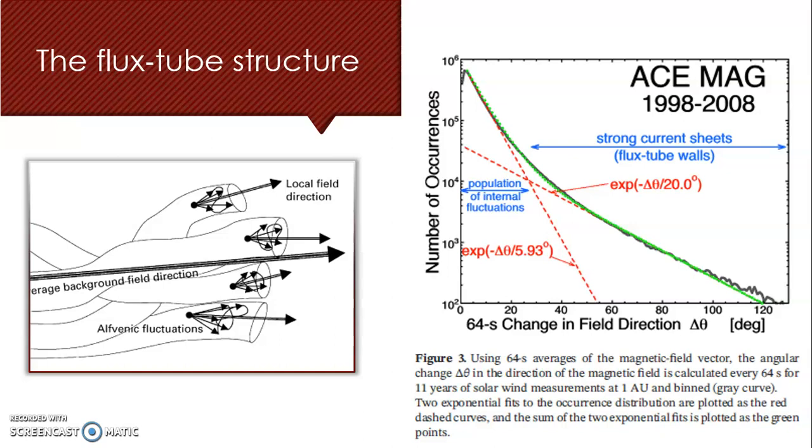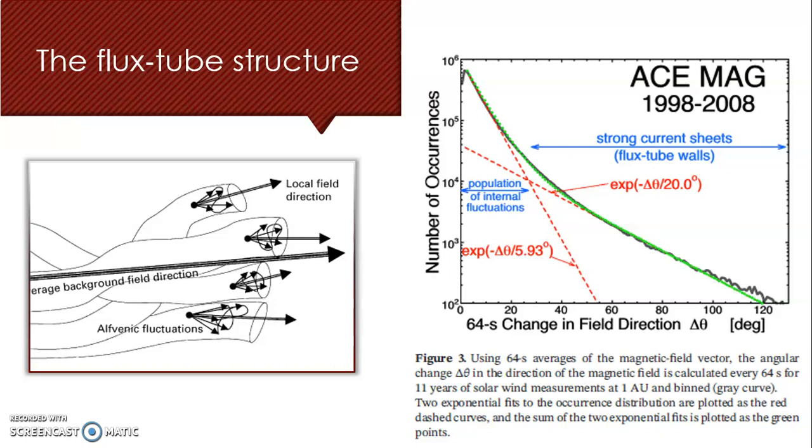For 11 years of the solar wind measurements by the Advanced Composition Explorer (ACE) Magnetic Field Experiment (MAG), the distribution of the occurrence will be fit by the sum of two exponential functions.